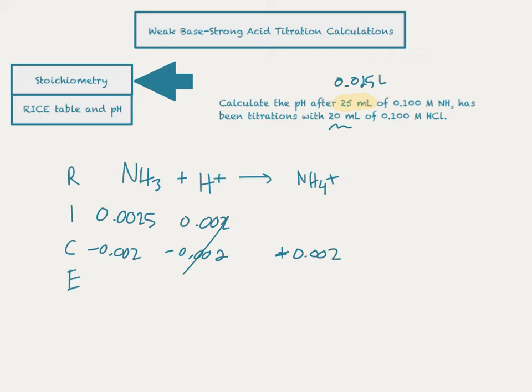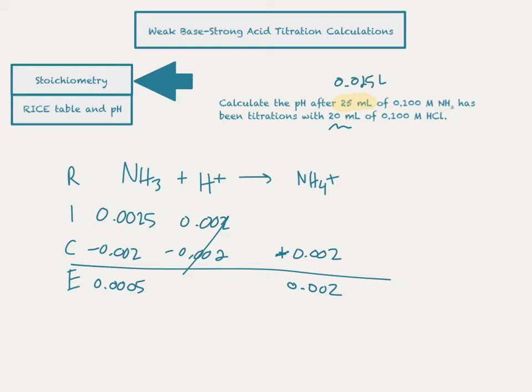Okay, so now we just need to subtract away that 0.002 from the ammonia to get that little smidgen of moles left, and we keep the same number for the ammonium ion. And now we have the moles left over for our important species.